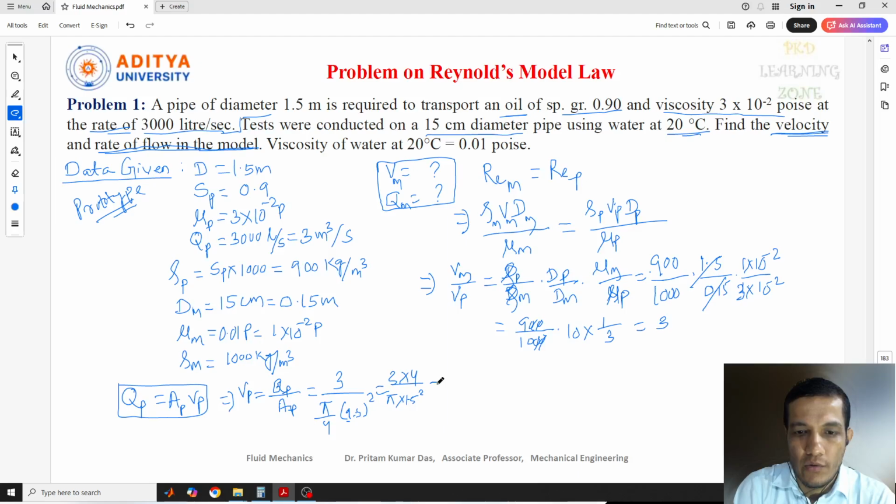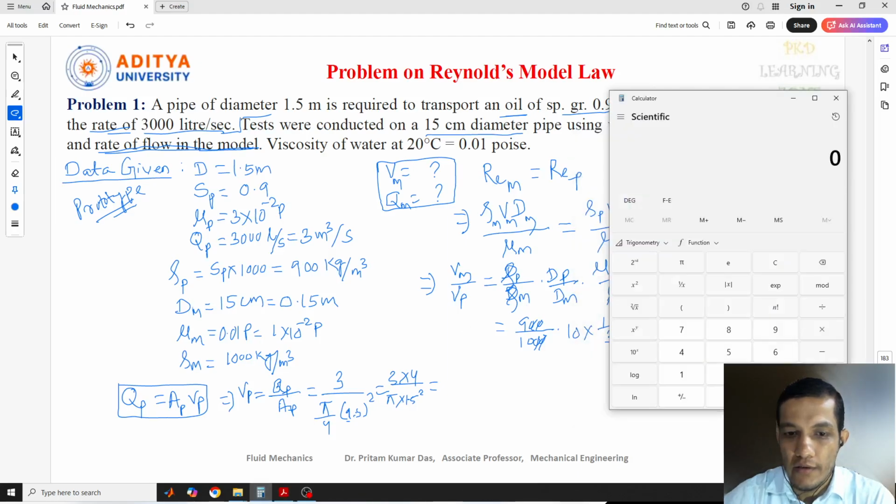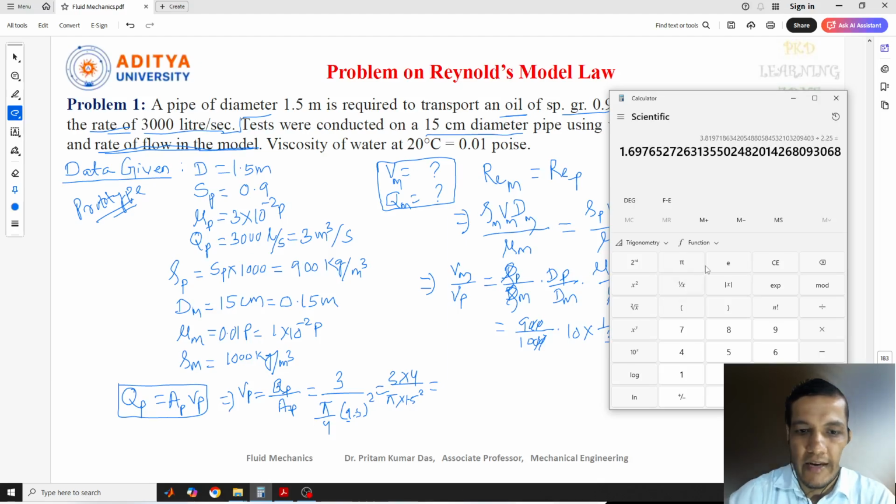So finally we can calculate this: 3 into 4 divided by pi and divided by 2.25, we get 1.69. So this is our velocity of the prototype.